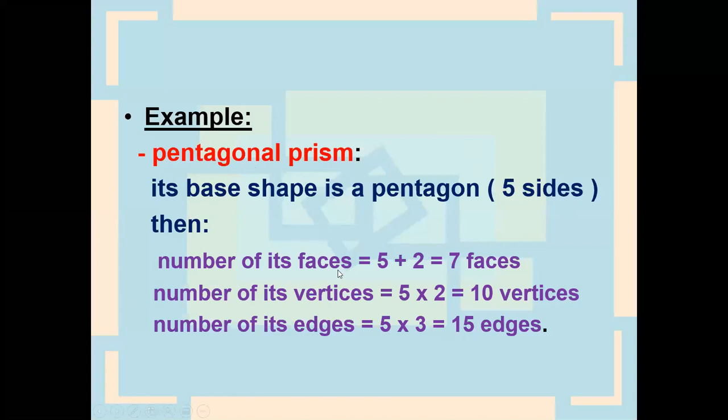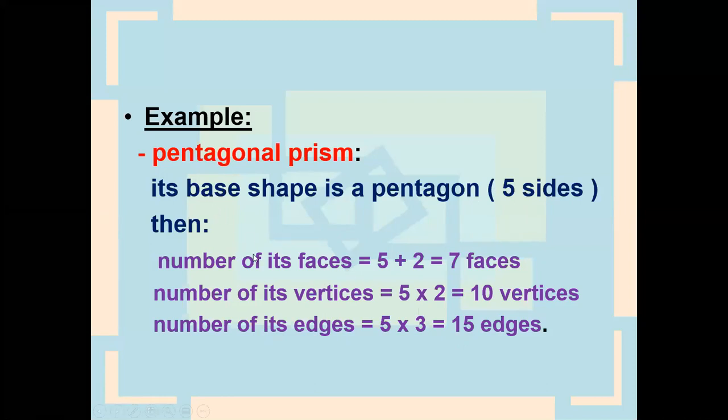To find the number of faces, we add number of base sides plus 2. 5 plus 2 equals 7 faces. To find the number of vertices, multiply number of base sides by 2. 5 multiplied by 2 equals 10. We have 10 vertices. To find the number of edges, multiply number of base sides by 3. 5 multiplied by 3 equals 15.